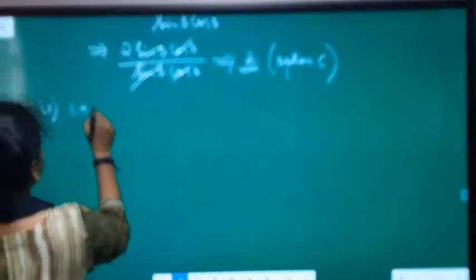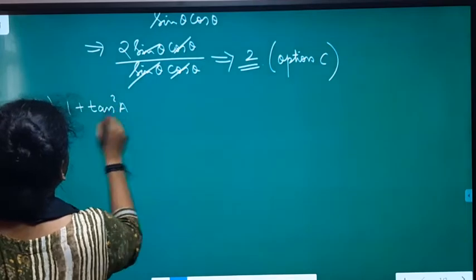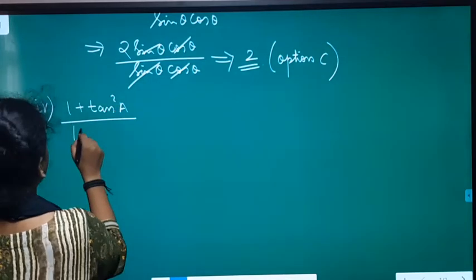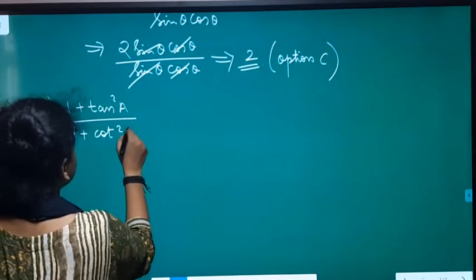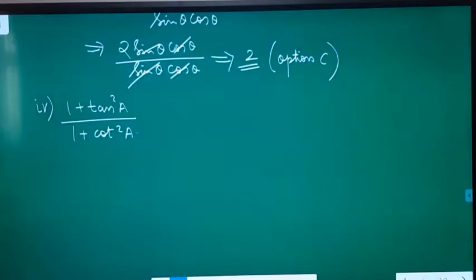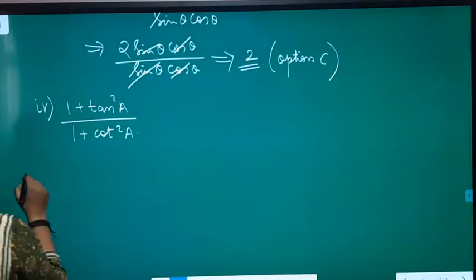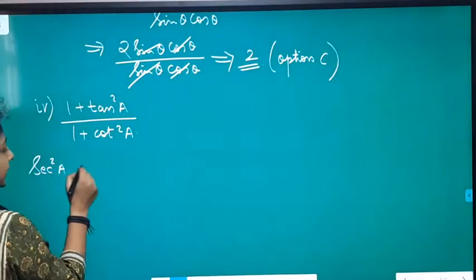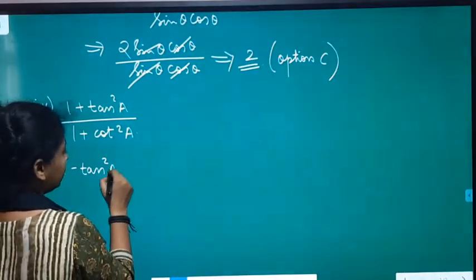Fourth part is 1 plus tan square A upon 1 plus cot square A. We know from identity second, sec square A minus tan square A equals 1.